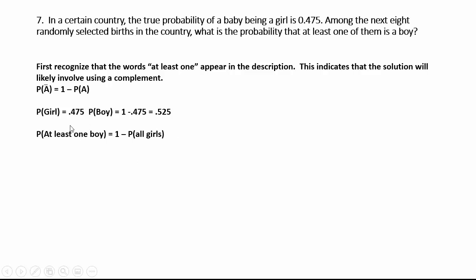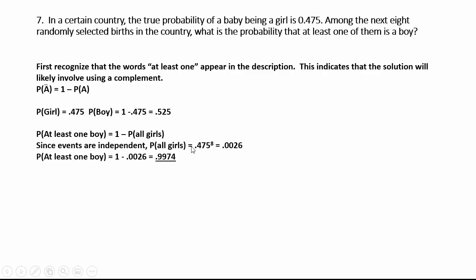So we can think of having at least one boy being equal to its complement, which is 1 minus the probability of all girls, because all other combinations would fit this description. Okay, so we need to find this probability of having all girls.